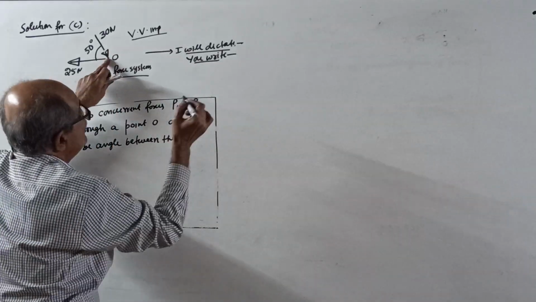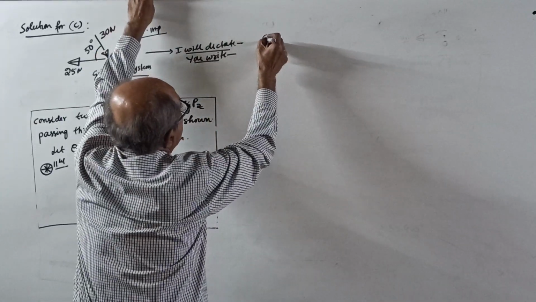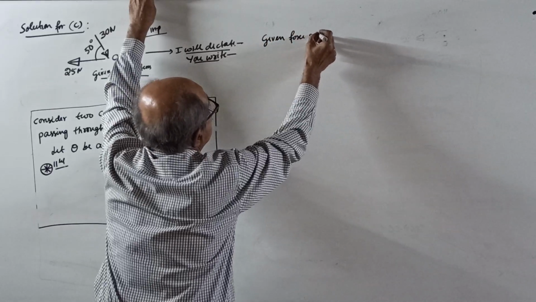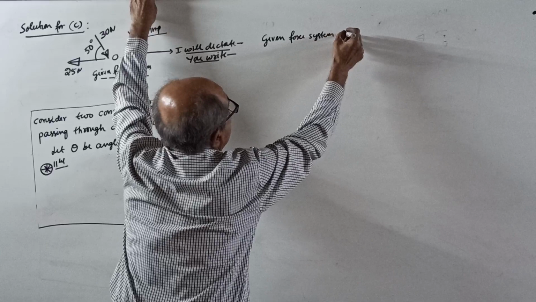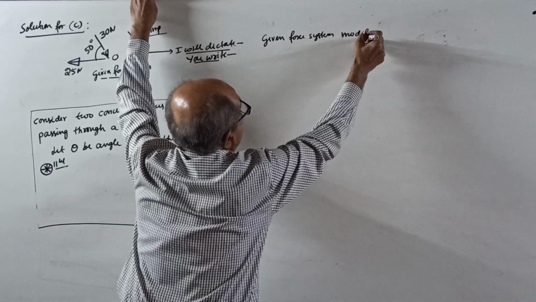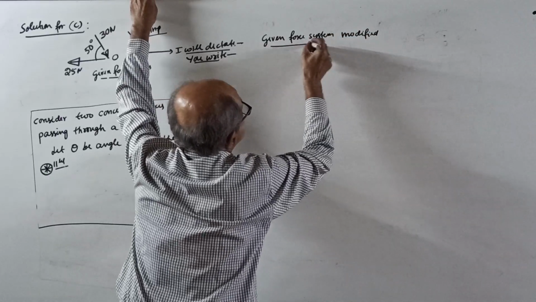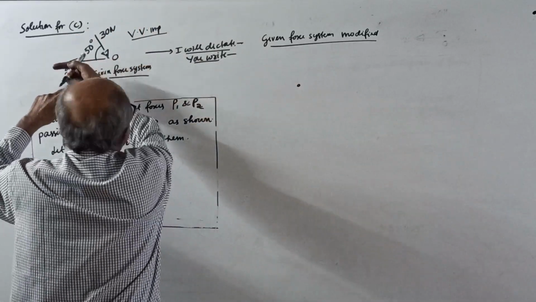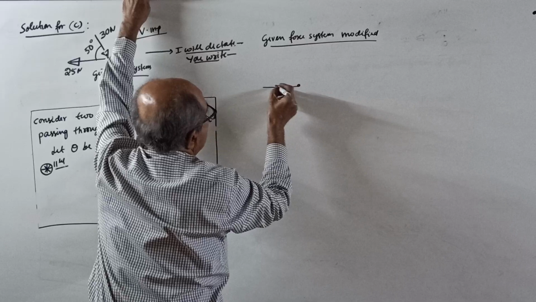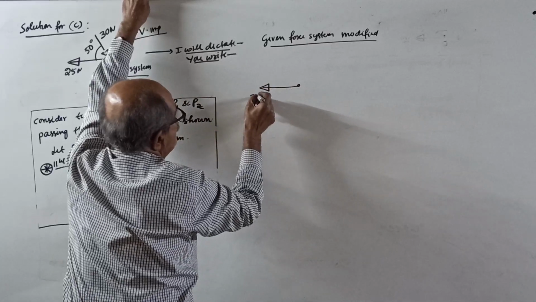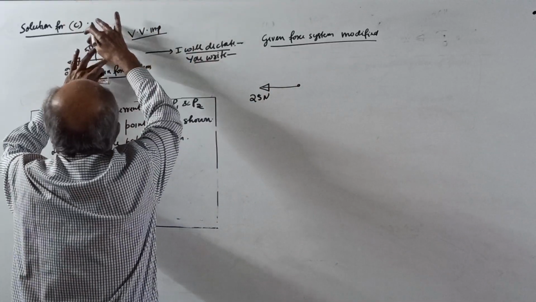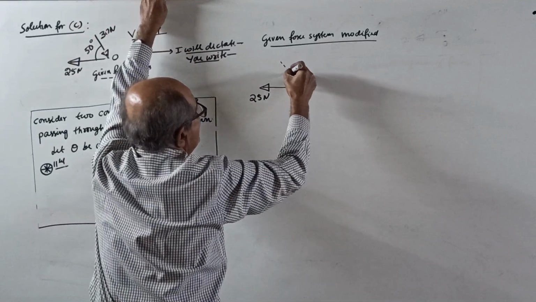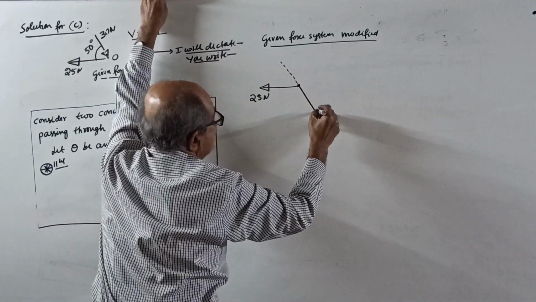What we will do is, given force system modified. How? Mark the point O here. Consider 25 Newton the same way, no change, outgoing. 30 Newton, you shift it here, it is actually acting here.